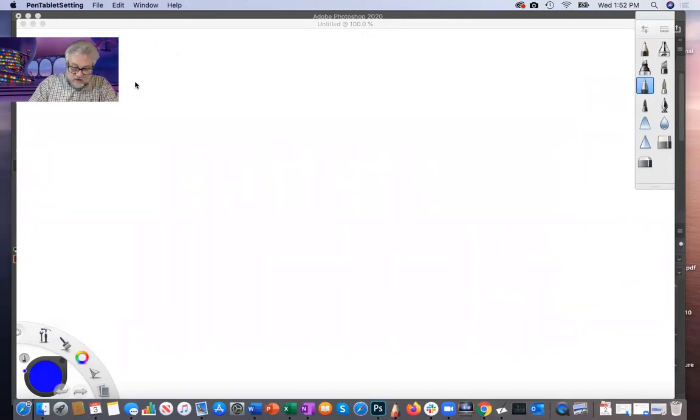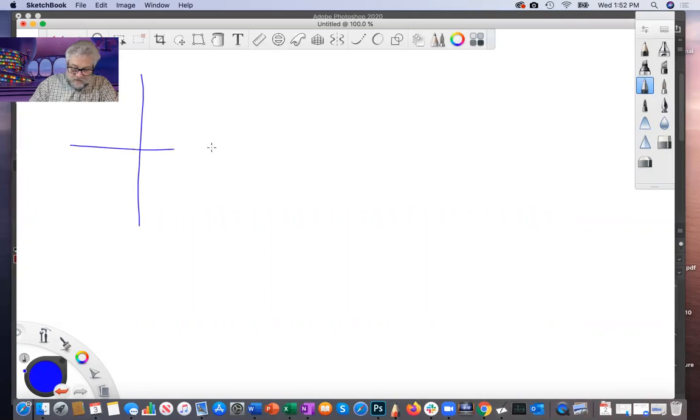First of all, you need to remember the standard direction of angles is that way. That direction is positive. Any angle in that direction is positive. Any angle in this direction is negative. So it's really important to remember that.